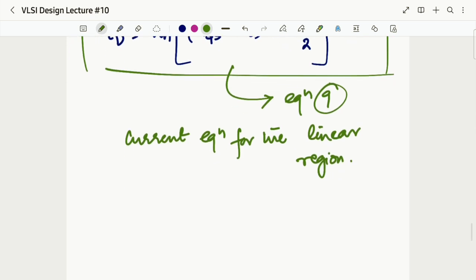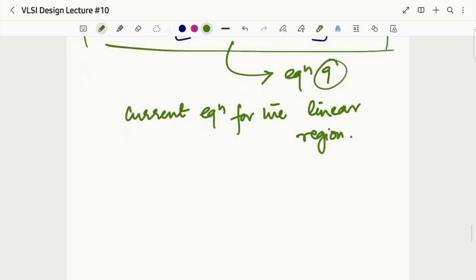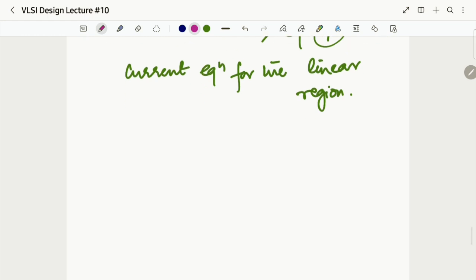Now, so we have 3 regions, right? Cutoff is ID equals 0. For linear, we just found it out. Then we have to find out for saturation also. Okay. So when do we move into saturation region? When I have my VDS equal to VGS minus VT.